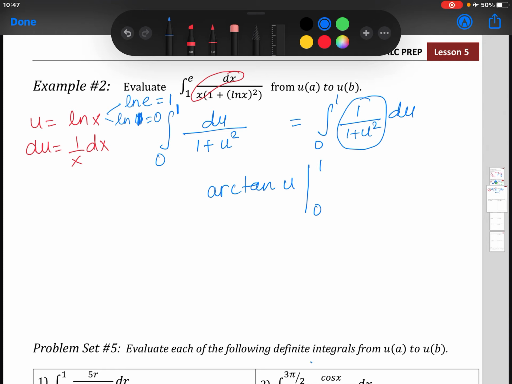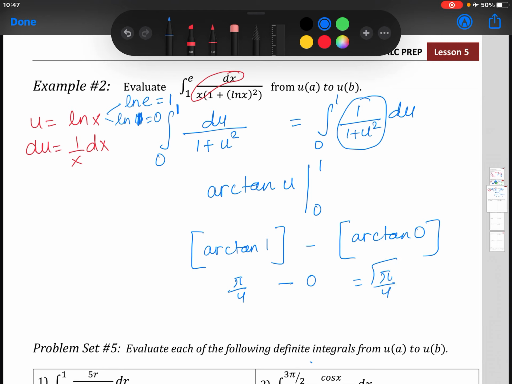Okay, now all you do is substitute in, right? The upper bound minus the lower bound. So arctan of 1 minus arctan of 0. Arctan of 1 is saying what angle for tangent gets us 1, which would be pi fourths, minus 0. So your answer is pi fourths.